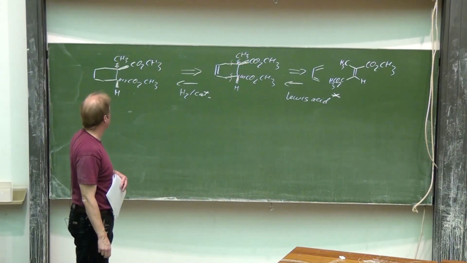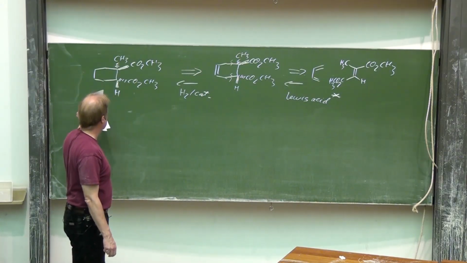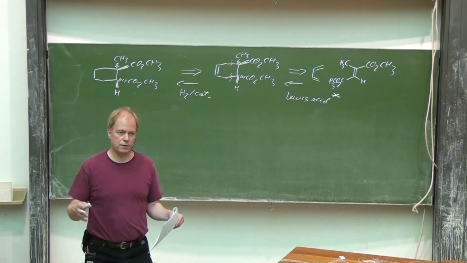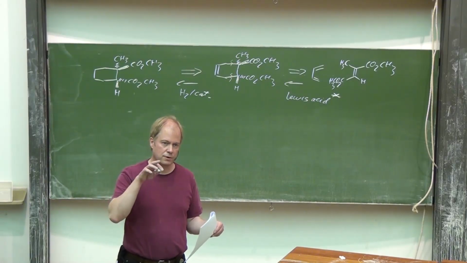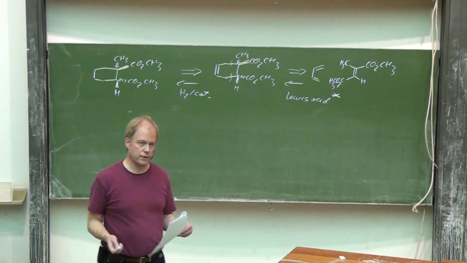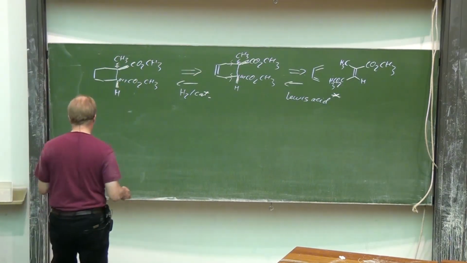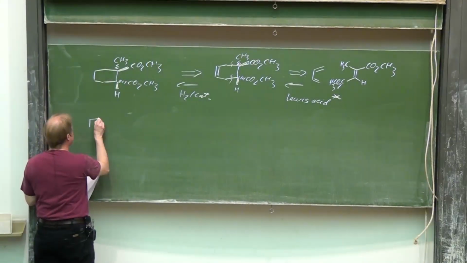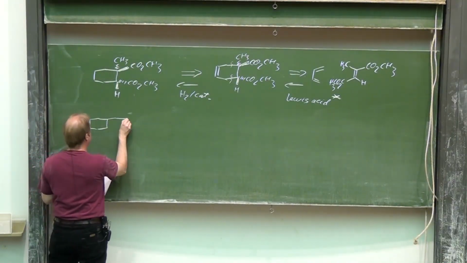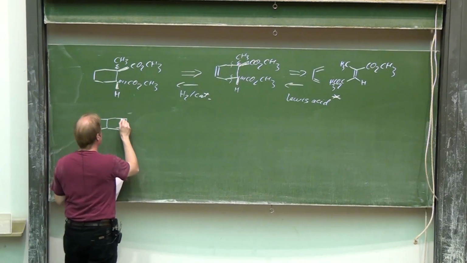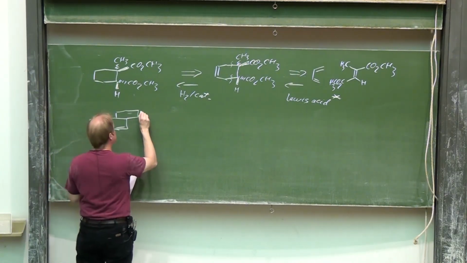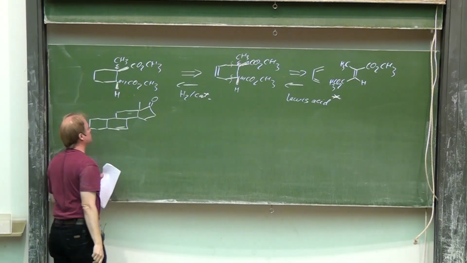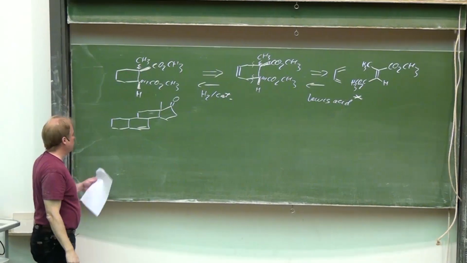Well, so if we don't find the retron, we can generate that retron as one step in our retrosynthetic analysis. Another example, a steroid system.